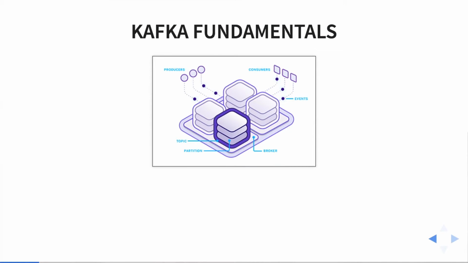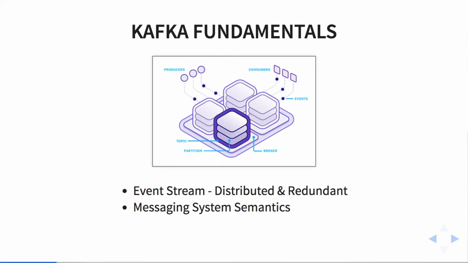Okay, so some quick fundamentals about Kafka. It's an event stream that's distributed and redundant. It's distributed across a cluster, so you get redundancy with the data in an event stream form. It uses messaging system semantics, so a lot of the vernacular that you'll see with Kafka should be familiar to you if you've done any sort of messaging stuff.